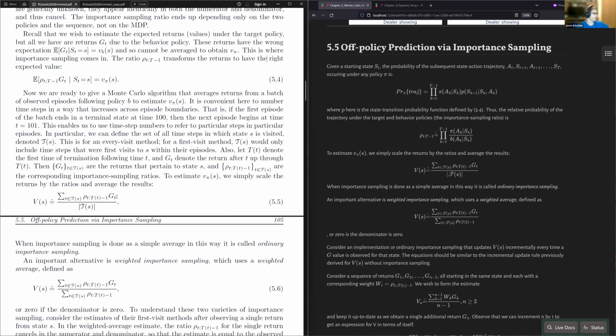Each one of these things is itself an unbiased estimator of the value that we care about. I guess it's not proven here. And there's a problem here. Remember I said, if you have a trajectory which is 100 times less likely under the behavior policy than the target policy, then we're going to take the return we observed and weight it by 100.